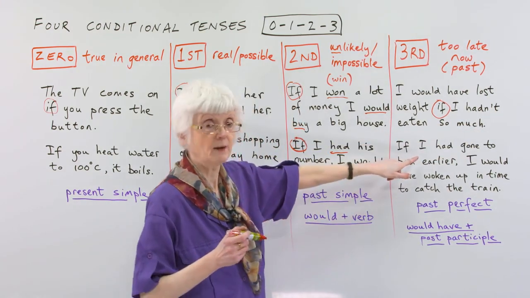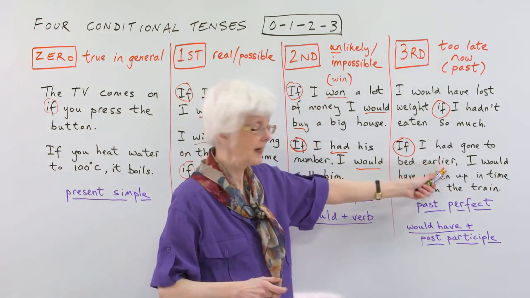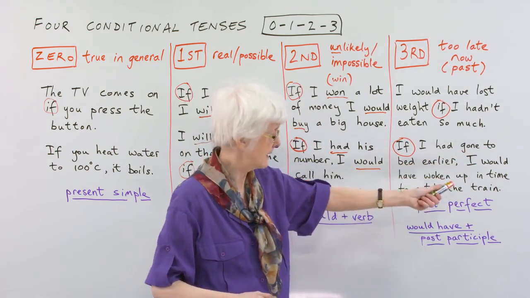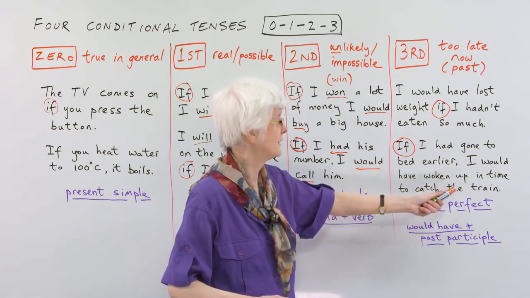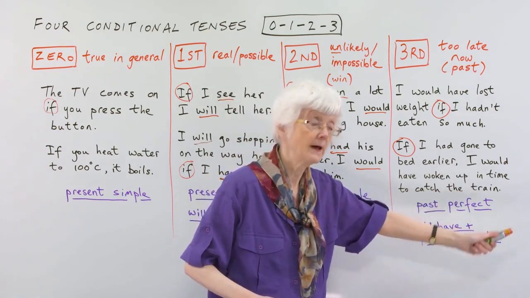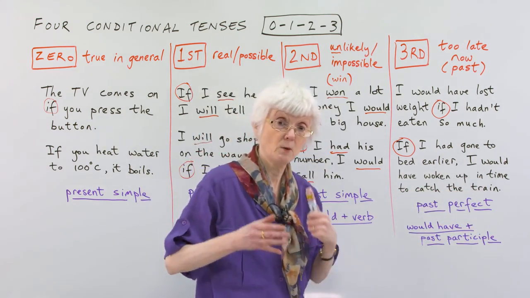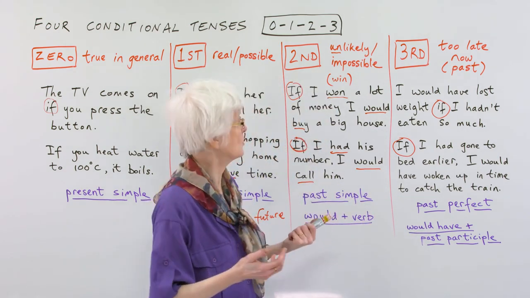And then this example, if again. If I had gone to bed earlier, I would have woken up in time to catch the train. Okay, so we've got some quite complex tenses going on there. So let's have a look.